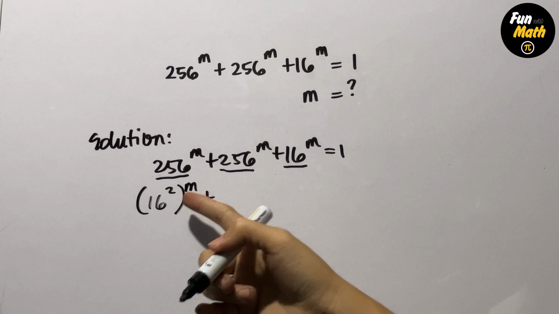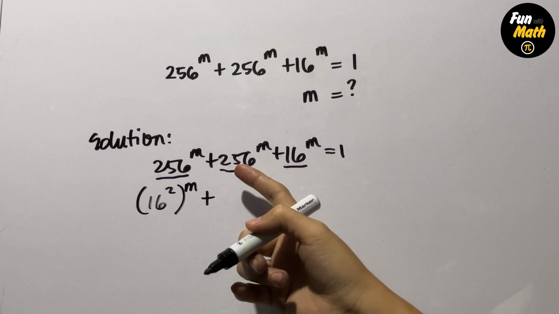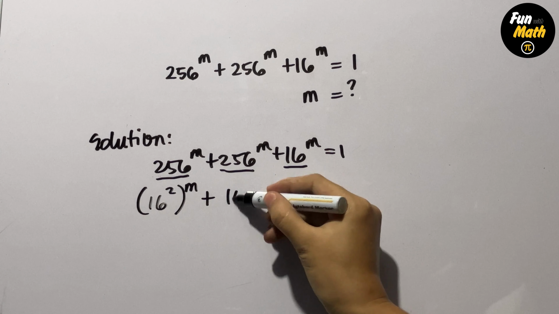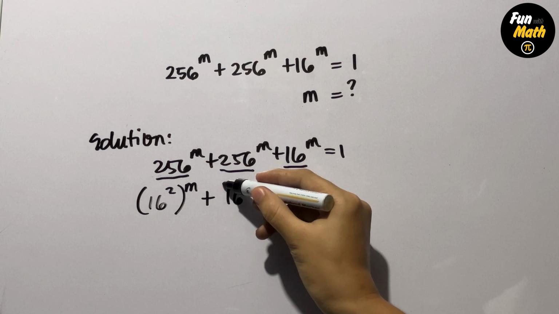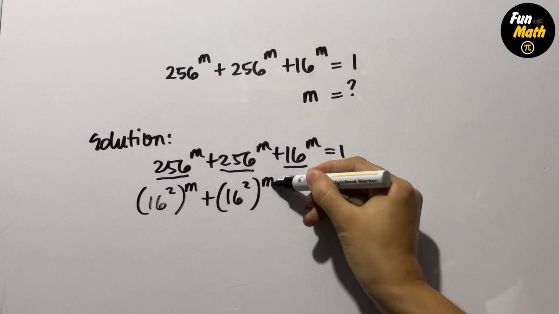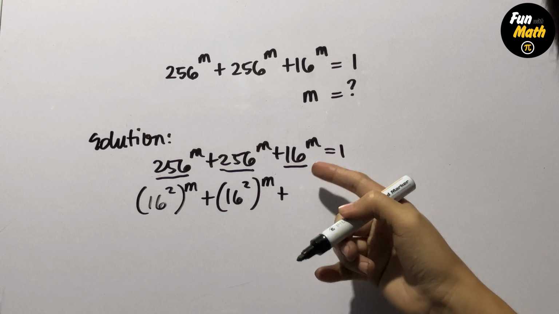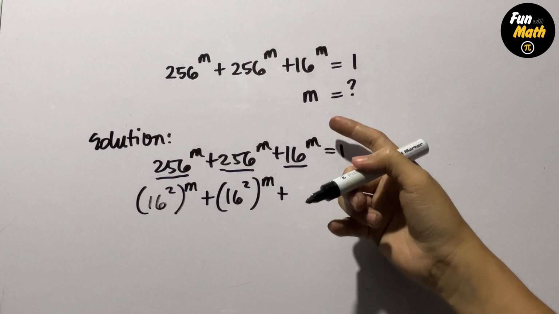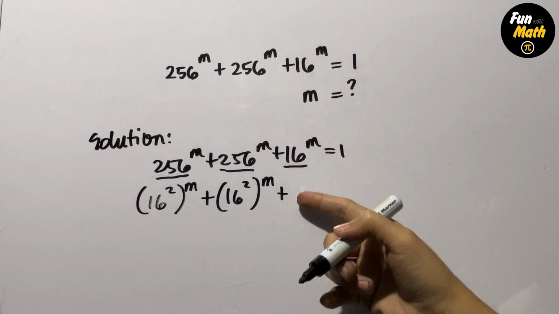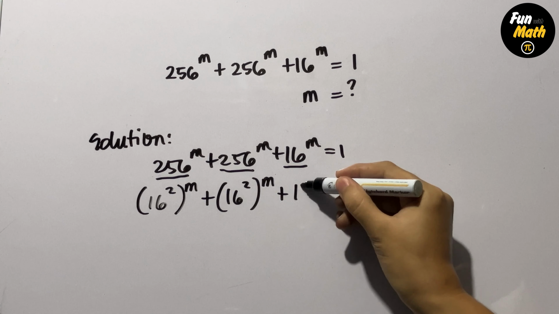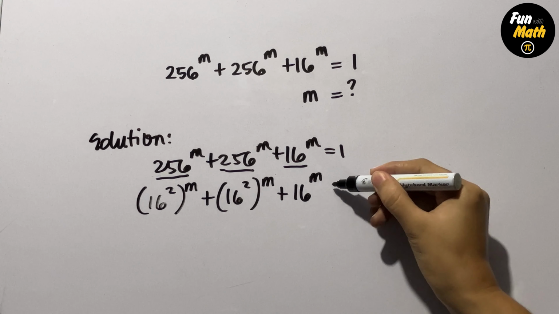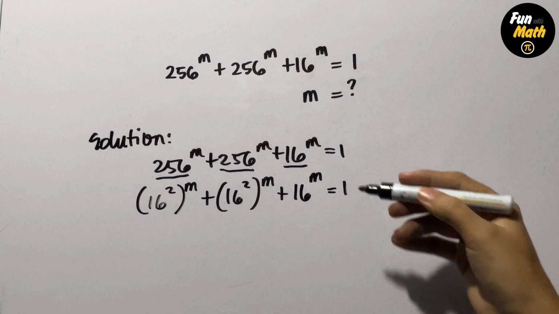Then plus, same 256, so that is 16 squared, then whole to the power of m. Plus 16 to the power of m, we just need to copy. So 16 to the power of m equals 1.